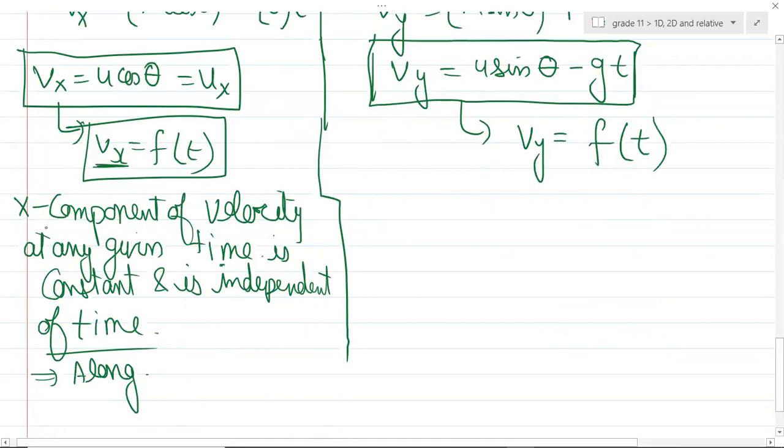Now, see this particular thing. The x component of velocity at any given time will always be constant. Can you see u cos theta? There is no term for time over here, right? Yes or no?